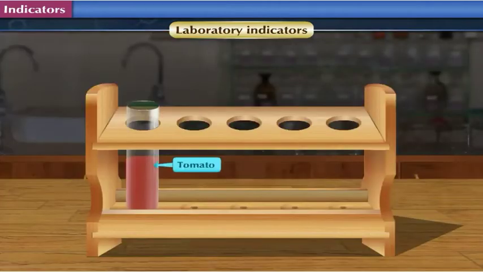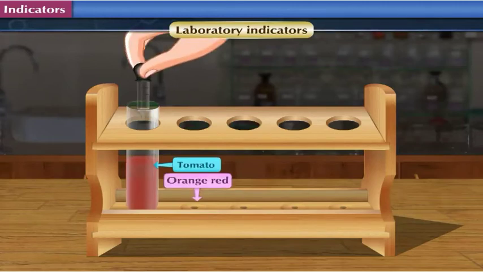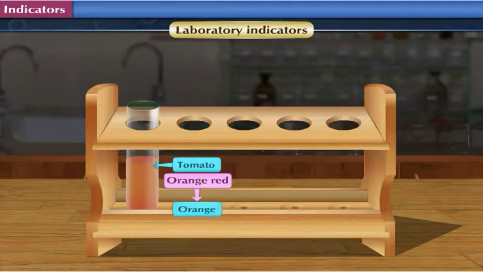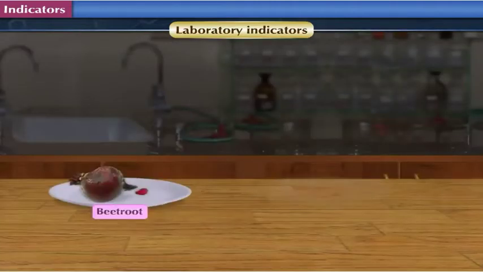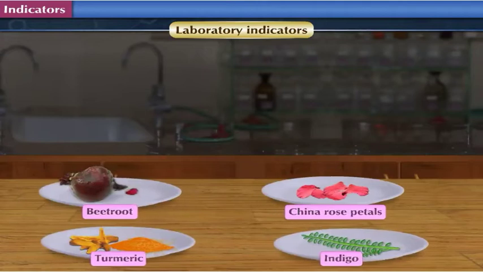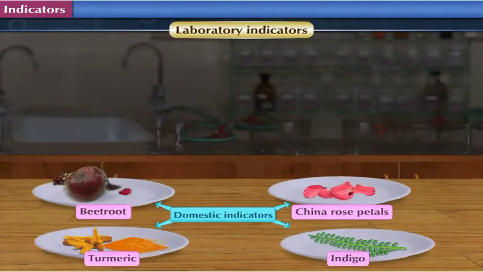Similarly, tomato is orange-red in color, but after addition of universal indicator, it becomes orange. If indicators are not available in the laboratory, then domestic indicators are used. Come, let us understand more about domestic indicators.